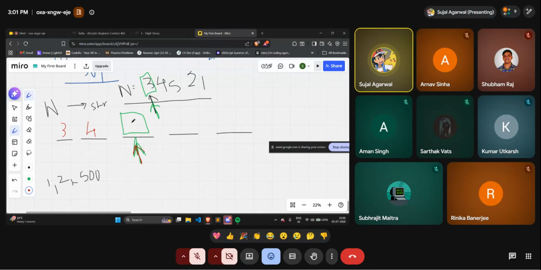We can place a 0, a 1, a 2 as well, and up to 5 we can place. We cannot go beyond 5. If we try to place a 6 over here, you can understand this would exceed the condition stated in the question.